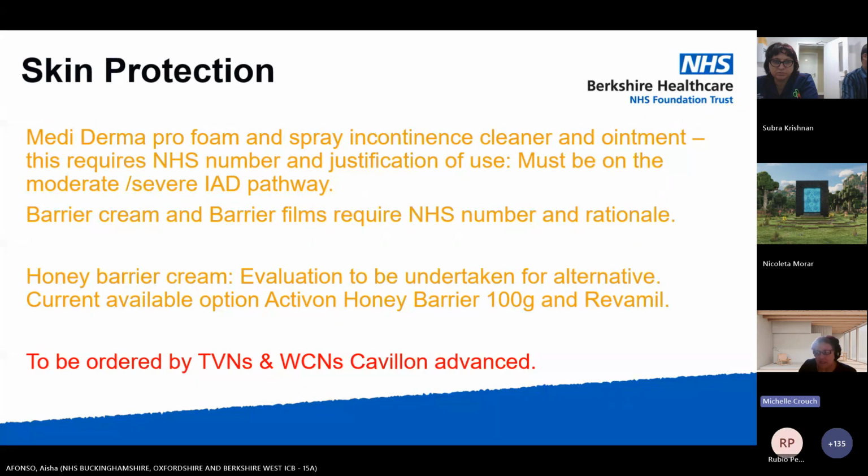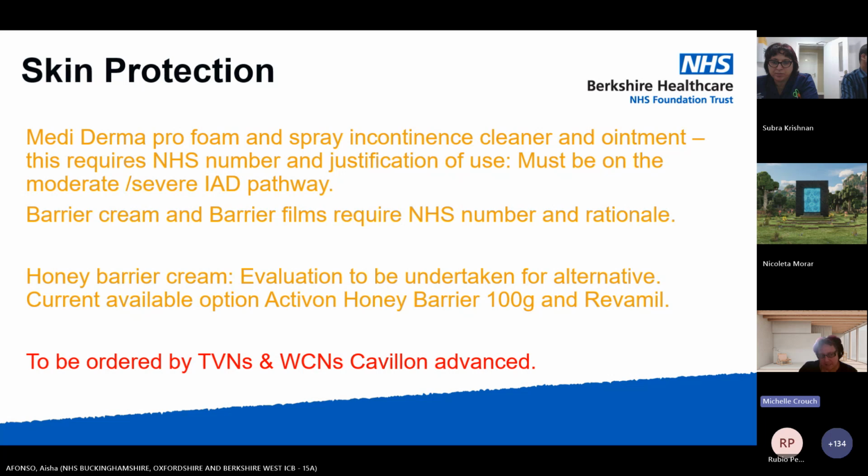So we've looked at skin protection, and all across Bob, we used Mediderma Pro Foam and spray cleanser, and that's going to remain the same. It's on an amber list, so we'll need your NHS number and rationale for use. Same with the Mediderma barrier creams and the Mediderma barrier films.